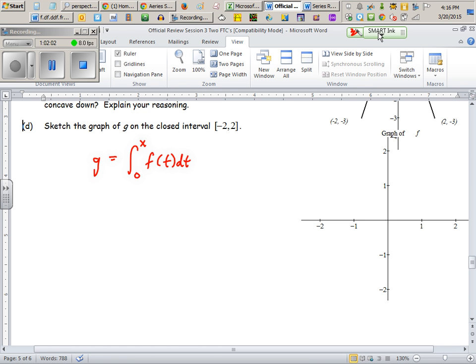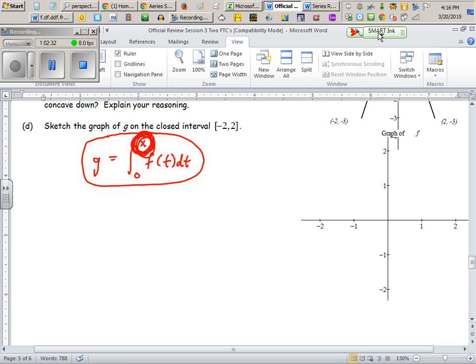Okay, here's the thing. You know where G is increasing. You know where G is concave up. You know all this stuff about G, but you don't know any coordinates. You don't know a single point. Can you think of one value of x that would give you 0 here? What x would you plug in right here to get 0? This is very important. Watch close.